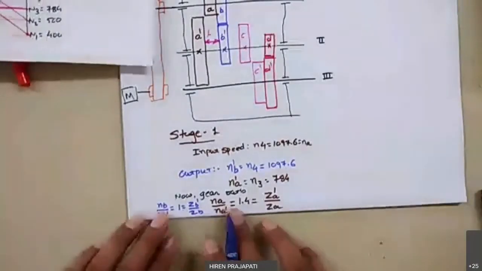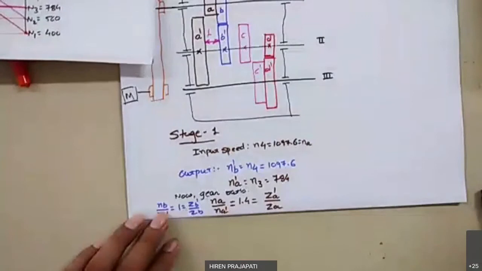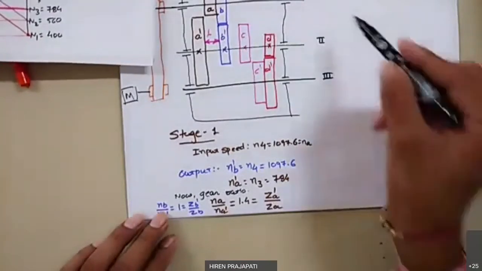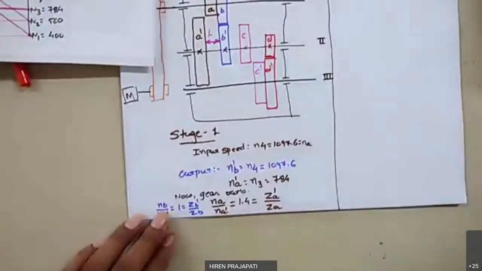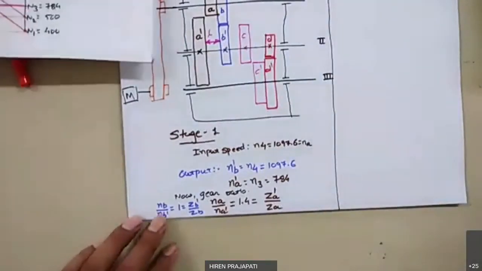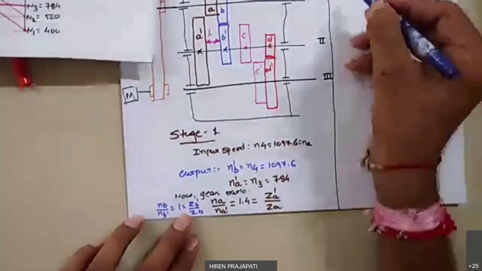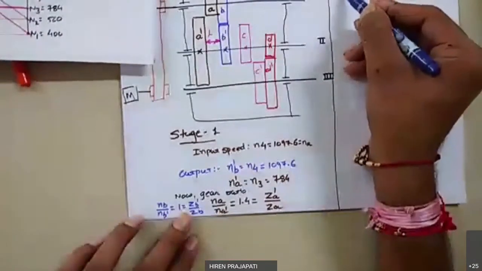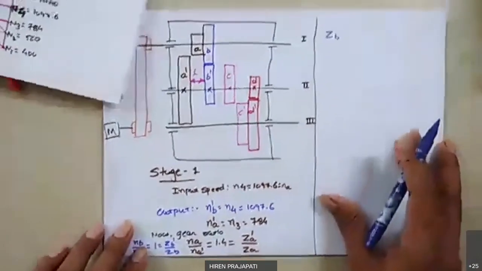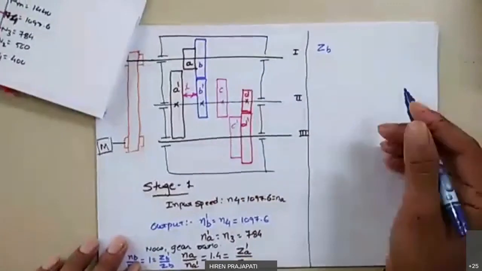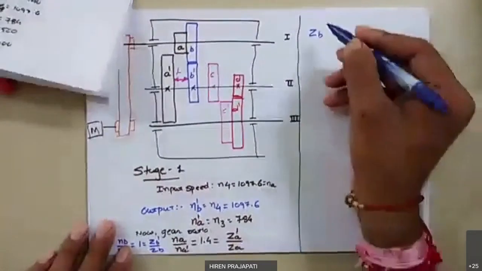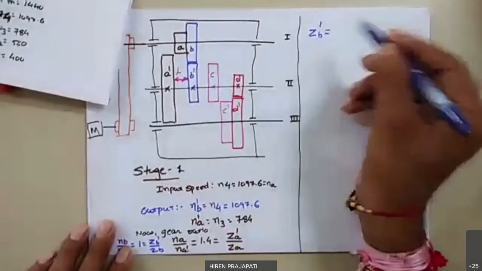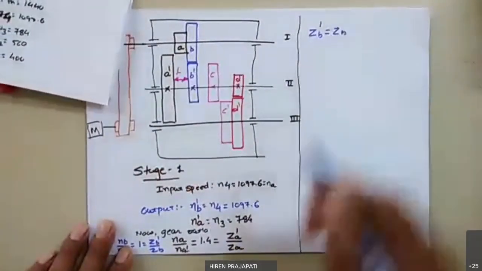So from this we can form two equations which will help us further. We get two equations. One equation is ZB dash is equal to ZB, right?